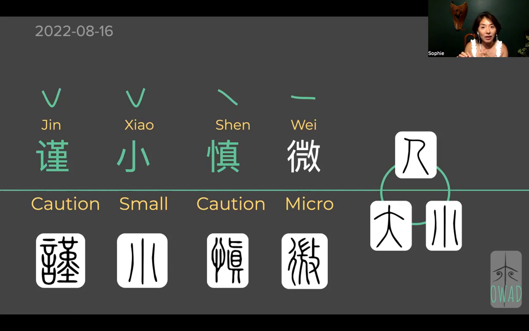So together, eventually this character carried the meaning of micro, a very exquisite movement. So now we have caution, small, and we have caution again, even if slightly varied, caution, micro. So small and micro are kind of similar in their concept, right?